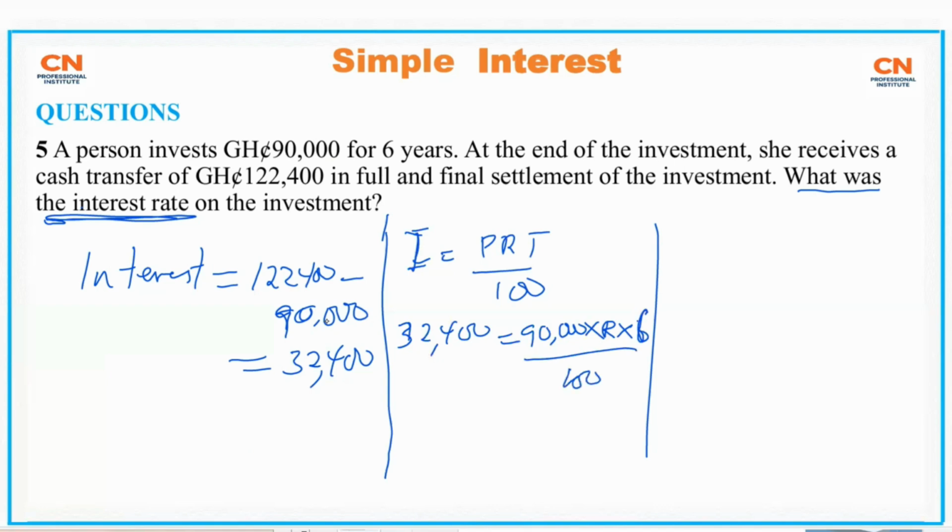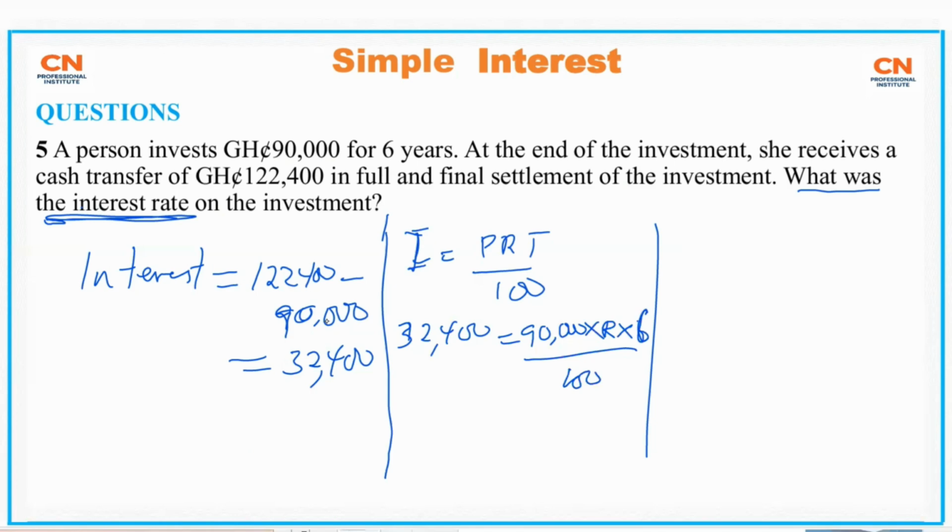You get the same answer. If you do it this way, you are going to get your answer straightforward as a whole number. But if you don't divide by that 100, you'll be getting a decimal, which you can equally convert to a whole number. It doesn't matter.